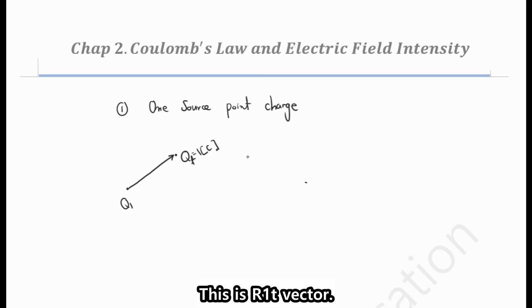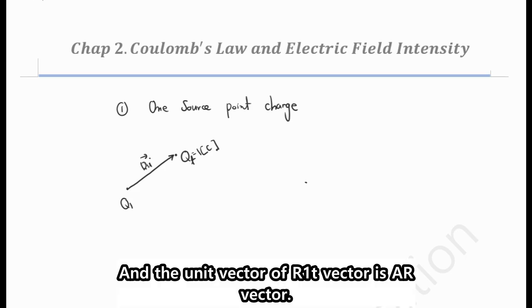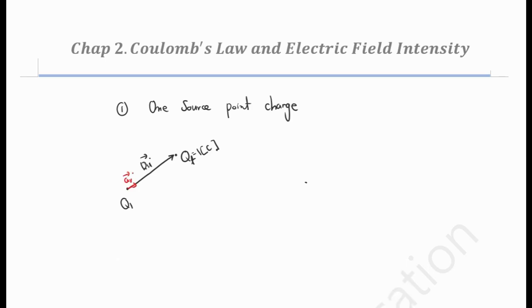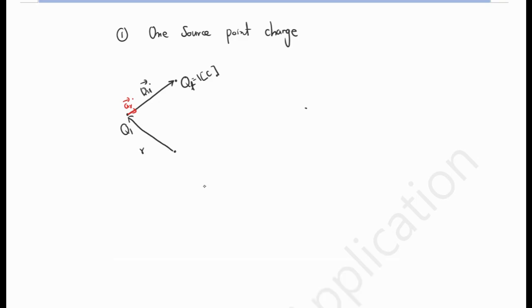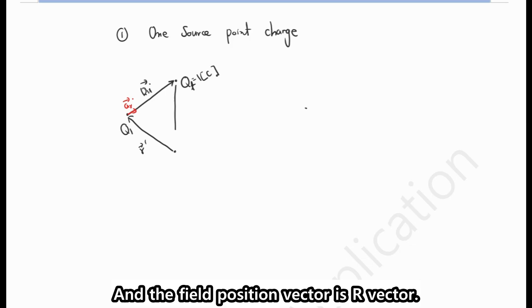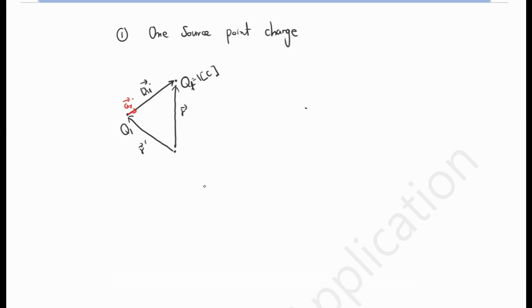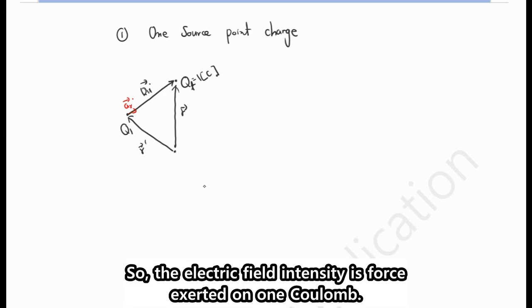This is the R1t vector, and the unit vector of R1t vector is AR vector. Generally, the position vector of the source is R prime vector, and the field position vector is R vector. So electric field intensity is the force exerted on 1 Coulomb.